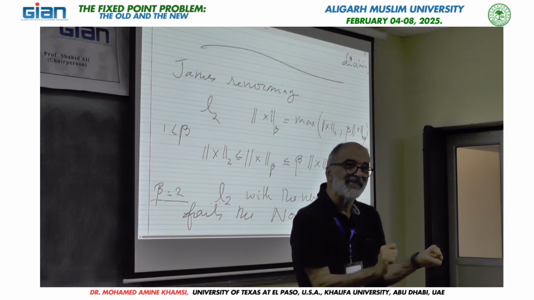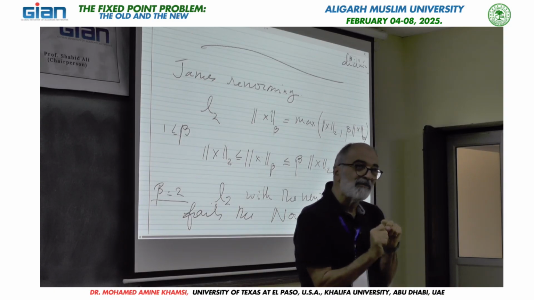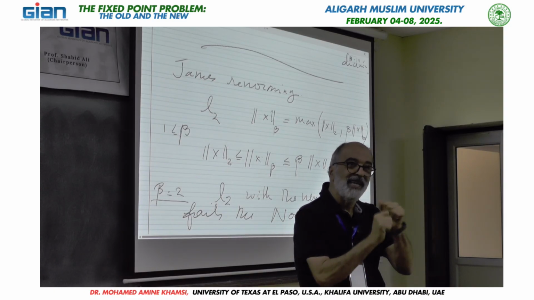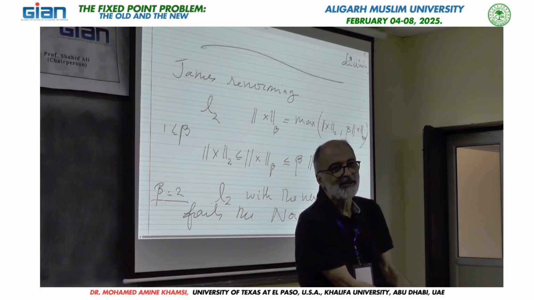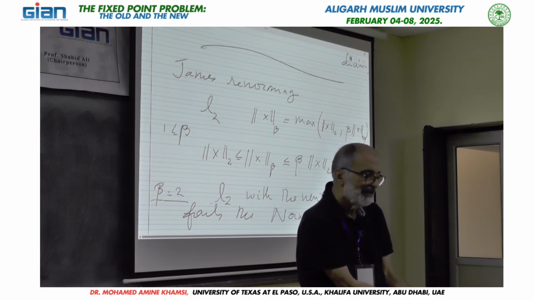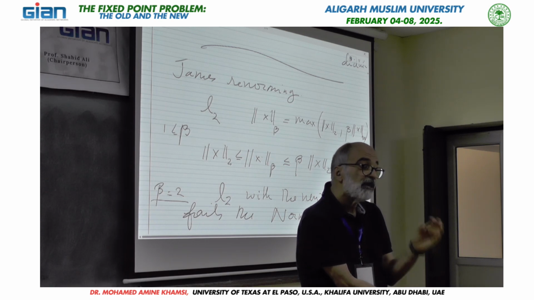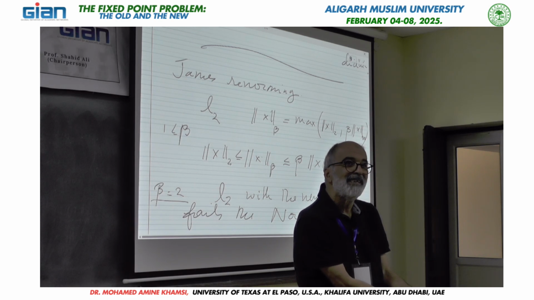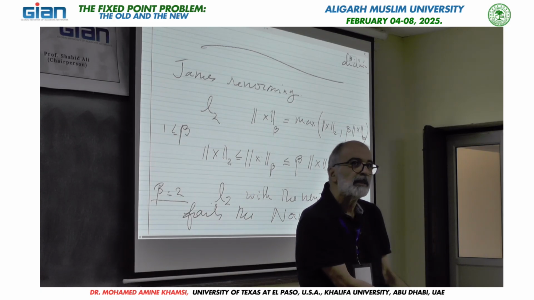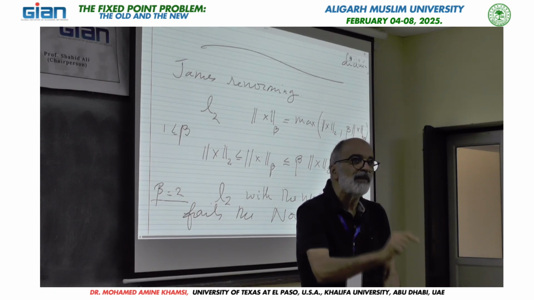That's exactly the essence. Now, what's amazing in that paper, and again it's confirmed, I remember it when I was a student, to be honest with you, almost 40 years ago. It's confirmed that for beta equals 2, they proved in that paper that we have the fixed point property, which means that this asymptotic normal structure property is not equivalent to the fixed point property.